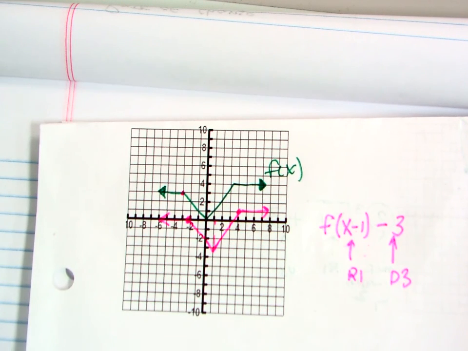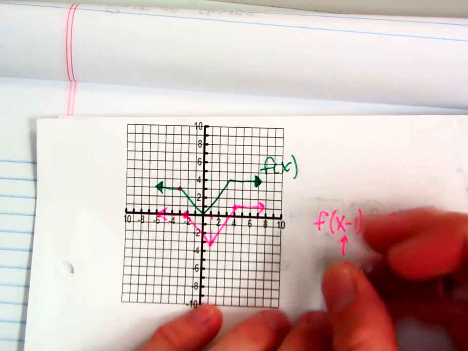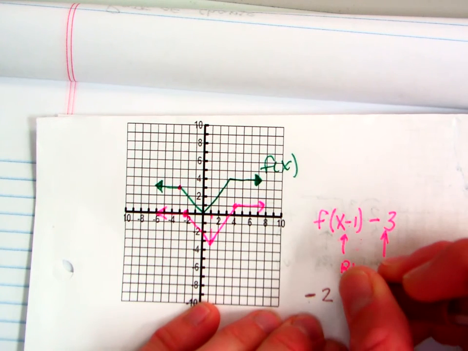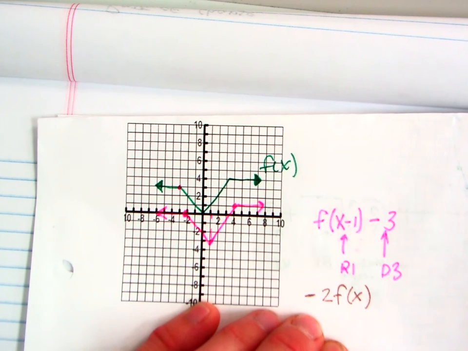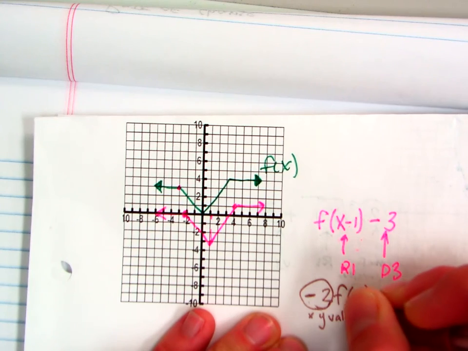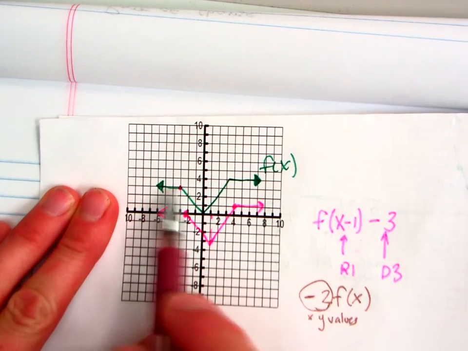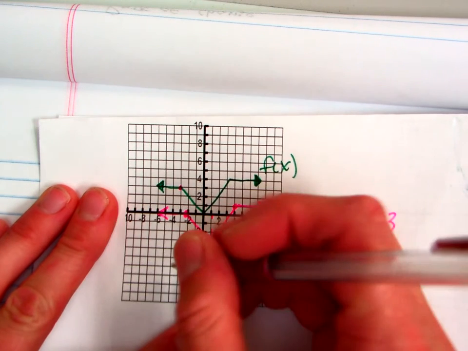We can also stretch or shrink this graph if we wanted to. We could, for example, maybe do something like -2 f of x. Well, in that case, I take all my y values times -2. So if this y value was 3, now this y value is -6.